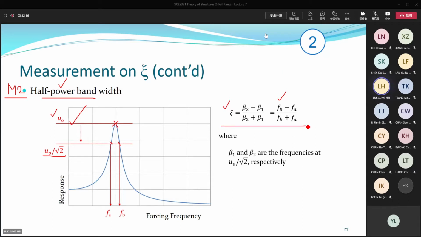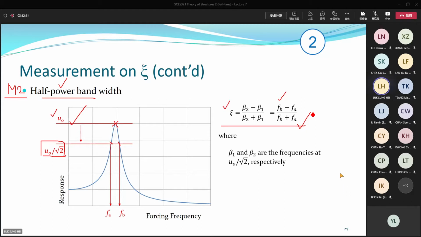Firstly, find the response at resonance, and then calculate the magic number, U0 over square root 2. This magic number will cut through the curve at 2 points. Find the frequencies corresponding to these 2 points, and then use the half power bandwidth equation. It will give you the damping ratio.